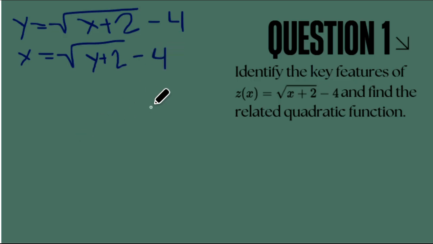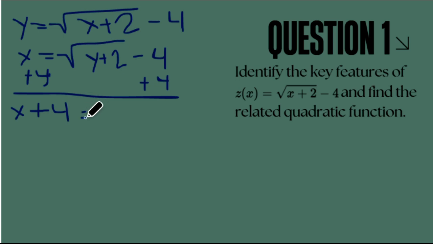Now we're going to solve for y. So the first thing we're going to do before we mess with any of the complicated stuff is move this 4. Okay? We're going to add 4 to both sides. That gives us x plus 4 is equal to the square root of y plus 2.